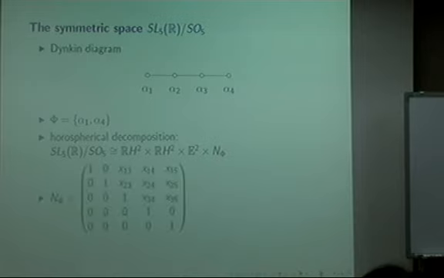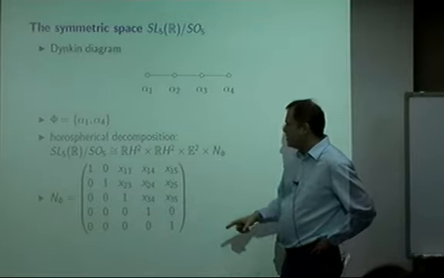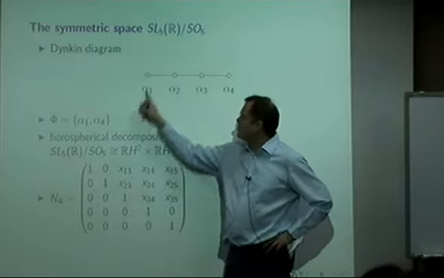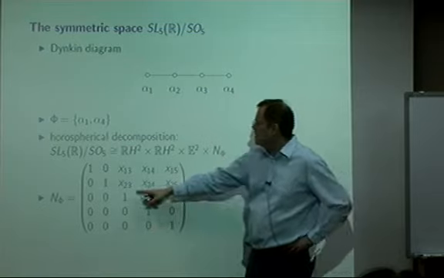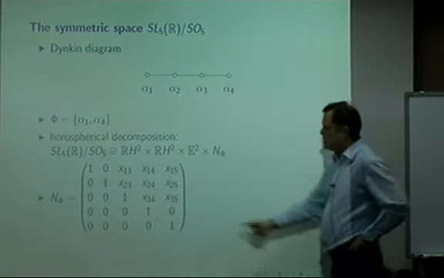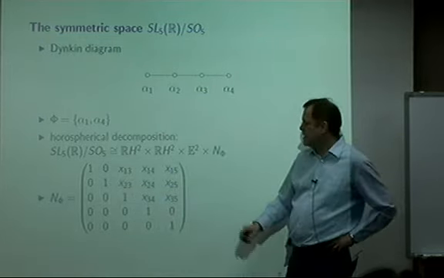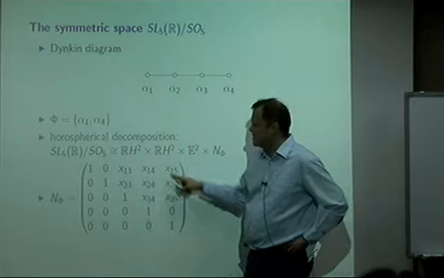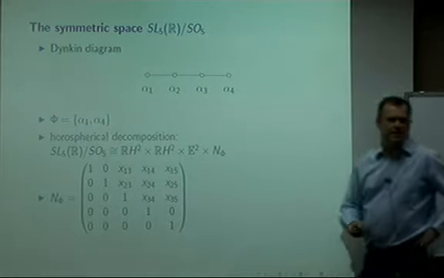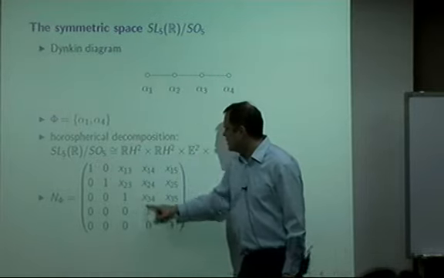So n phi corresponds to this block diagonal decomposition: this is a 2 by 2 block corresponding to one real hyperbolic plane, this is a 2 by 2 block corresponding to the other real hyperbolic plane. There is just one remaining in here. So what we need is ones in the diagonal, which comes from the nilpotent part. And then we have zeros here, taken away by the real hyperbolic planes, and everything else is just arbitrary real entries. So this gives the n phi in this situation. You see the block diagonal decomposition is 2 plus 1 plus 2.